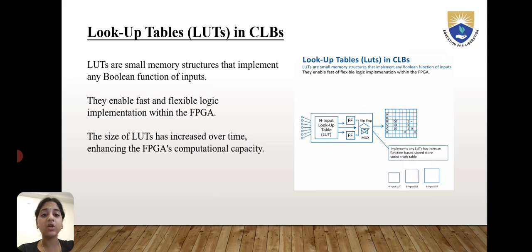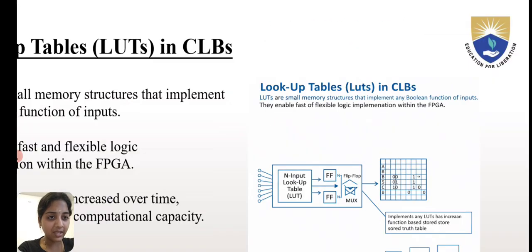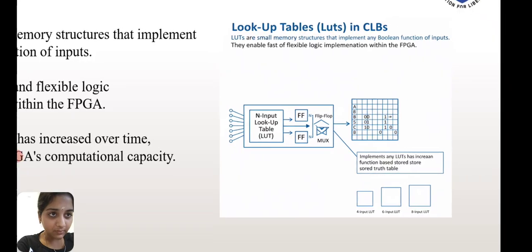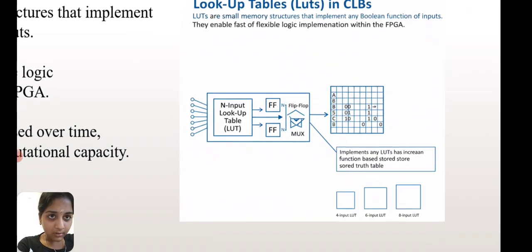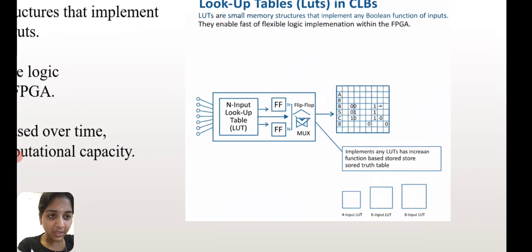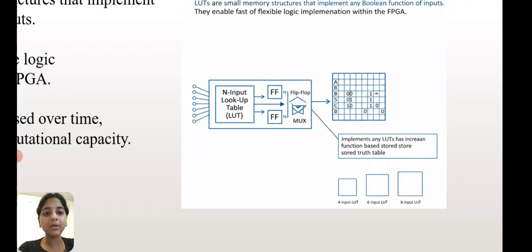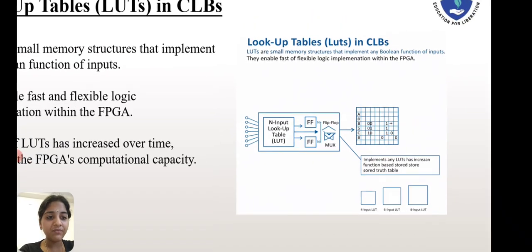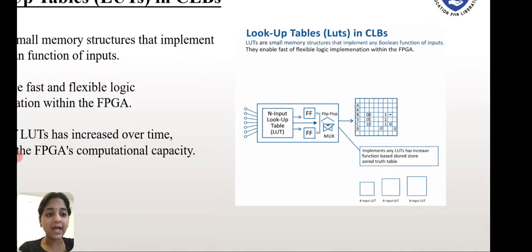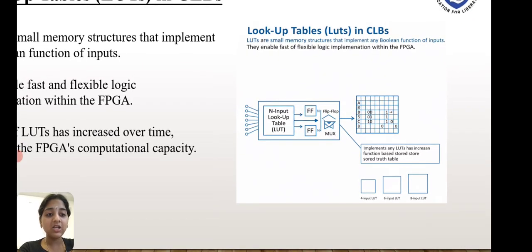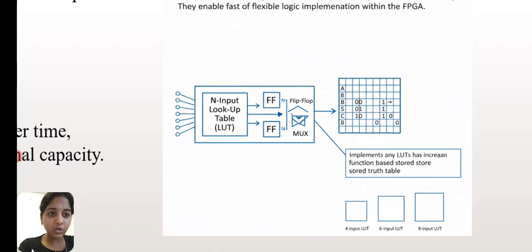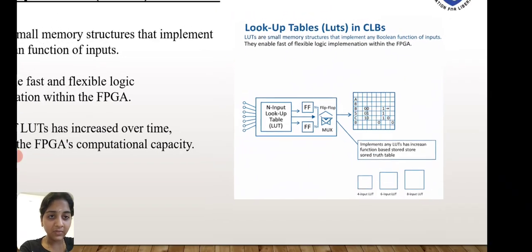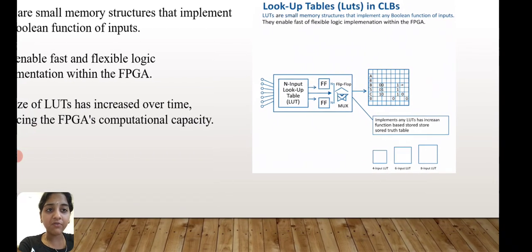Here we can see the lookup tables in CLBs, the n input lookup table, LUT, to flip flop, which implements the function based on values stored using the truth table. So they enable fast and flexible logic implementation within the FPGA.